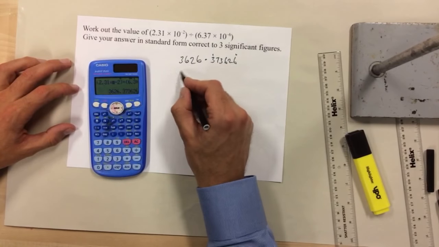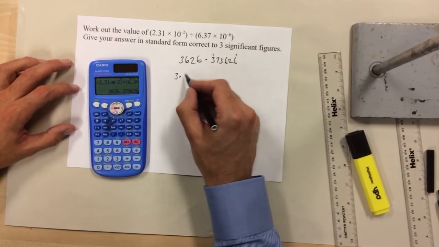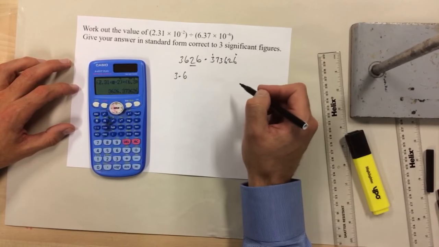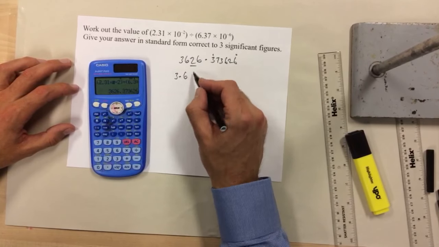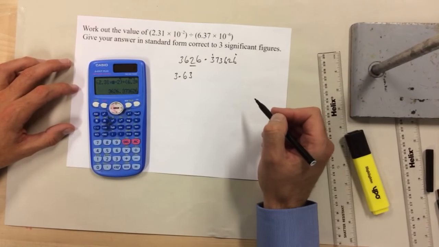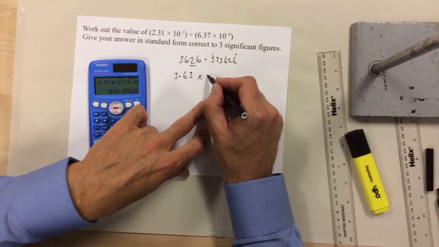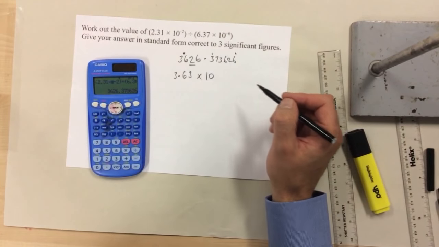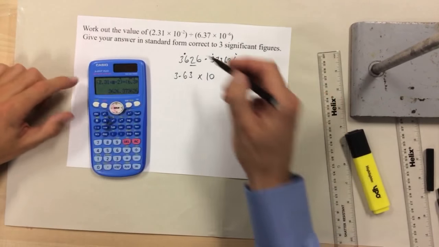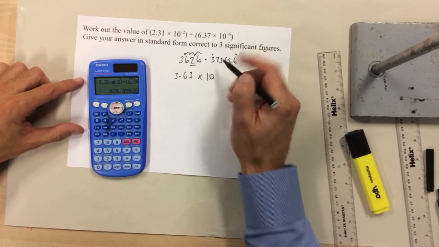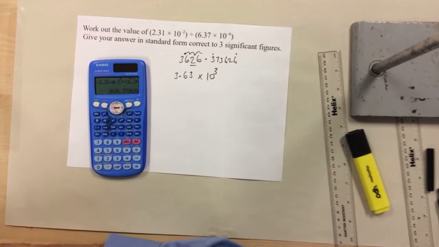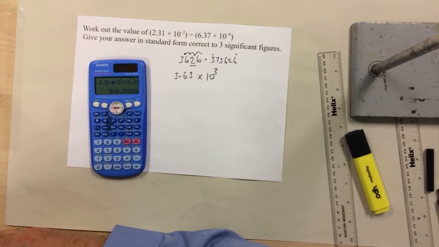So in standard form, 3.6, 3 significant figures. There's my third digit. That needs to be a 3 because we've got a 6 behind it. So 3.63 times 10 to the power, and that decimal point has been moved by 3 positions. Okay, 1, 2, 3. So to 3 significant figures, we have 3.63 times 10 cubed.